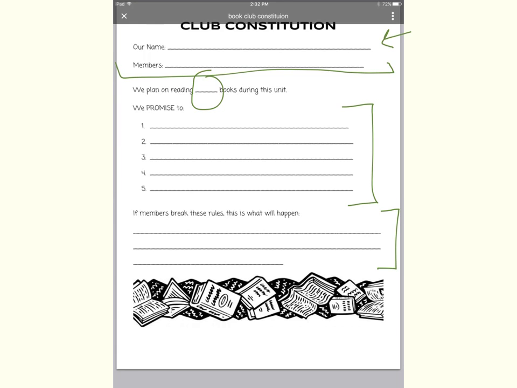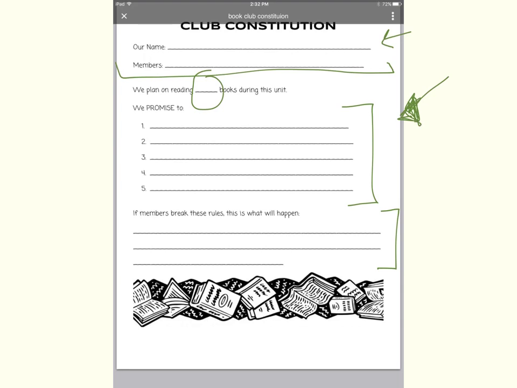Readers, in order to fix the things that didn't go well in our book club, we need to address that in our club constitution. So, we need to put that into our promises. If you had trouble getting all of your book club members to read or to complete their packets or things like that, you're going to put that into your promises.